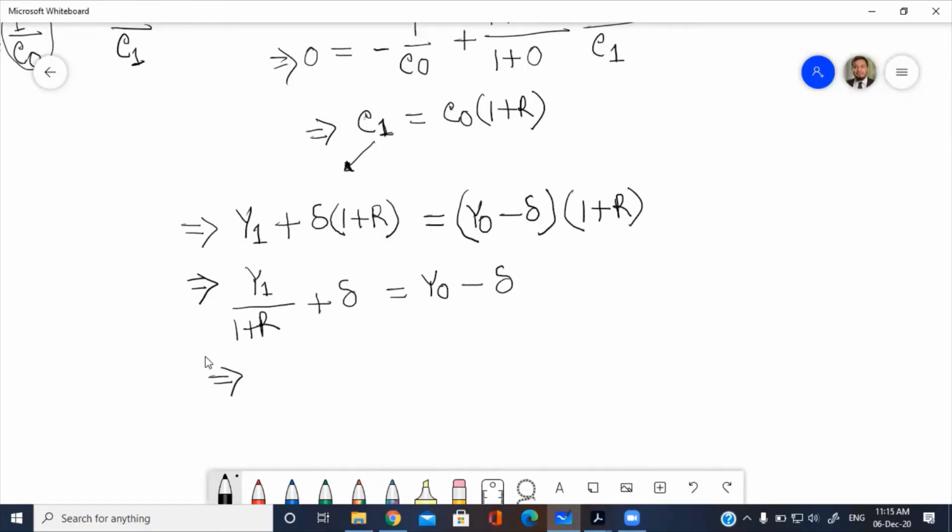Yes, sir. Now we are just transferring the income component to one side and the savings component to the other side. So it should be minus 2 delta.